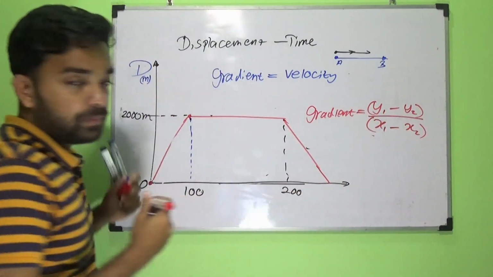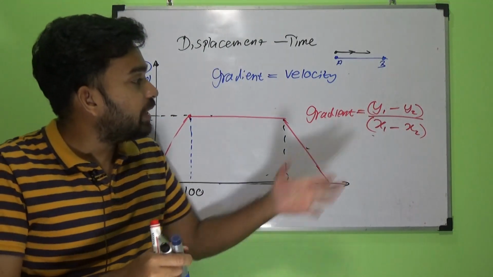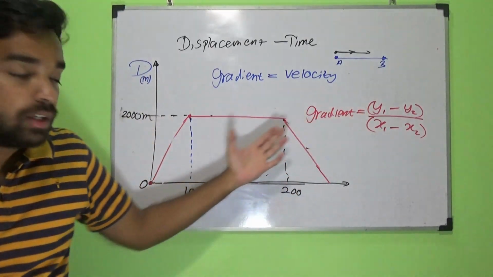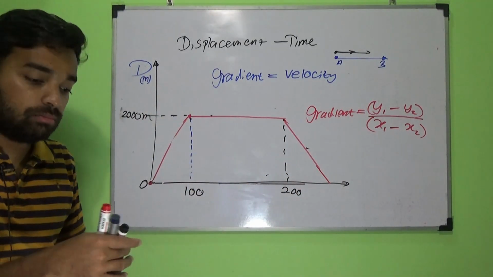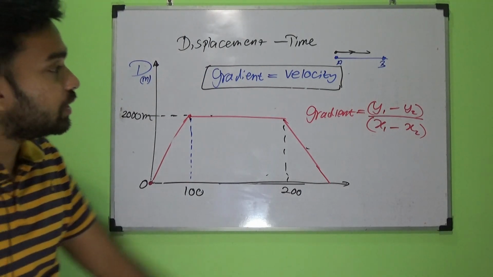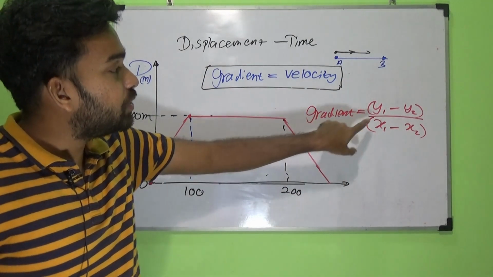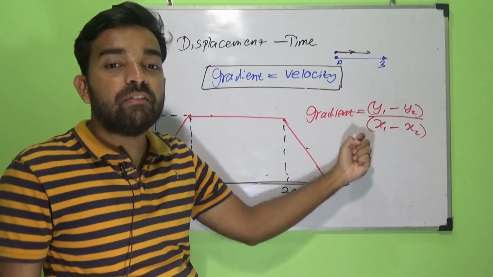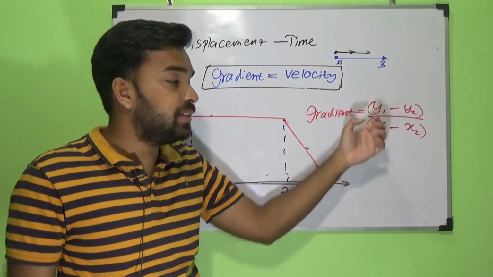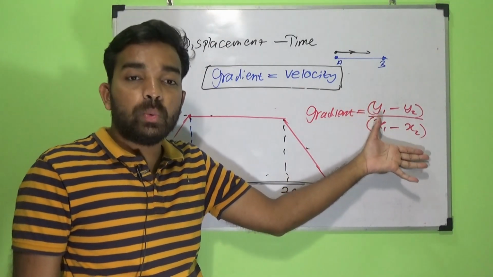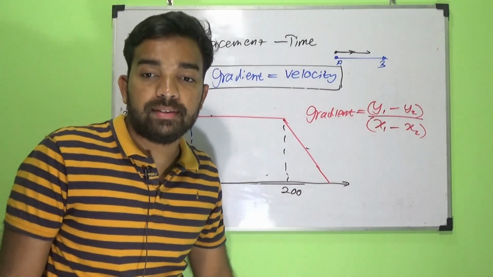So from the gradient you get the velocity. Keep it in mind: gradient equals velocity.